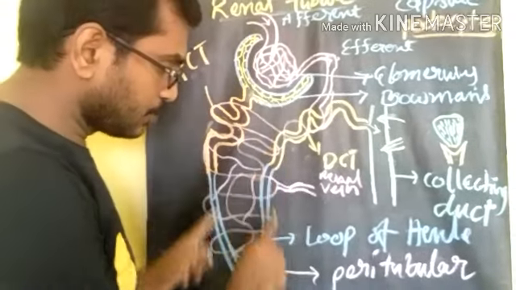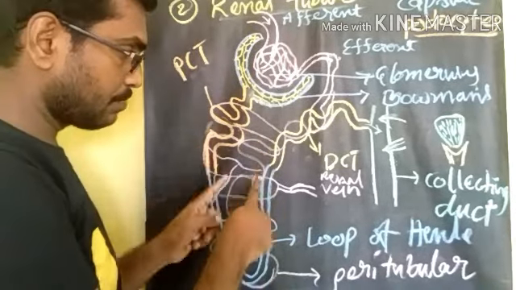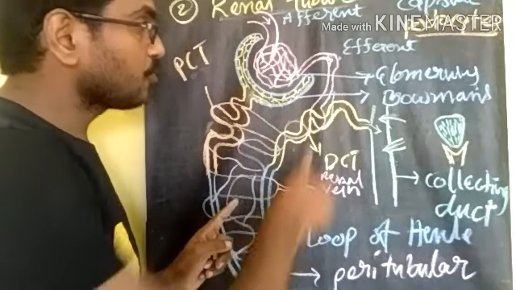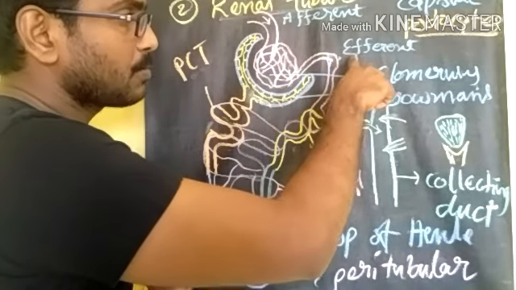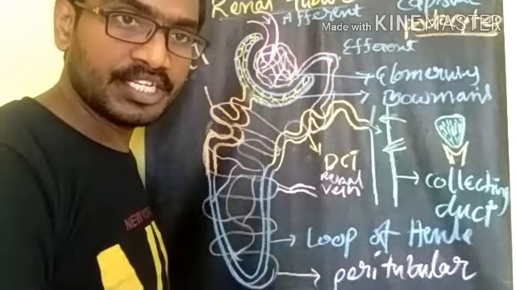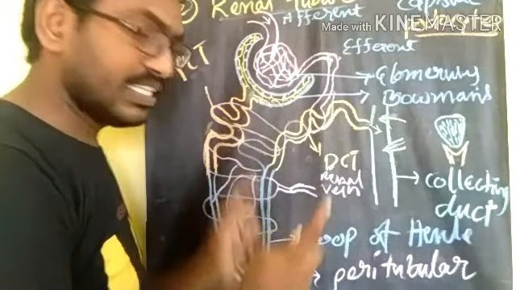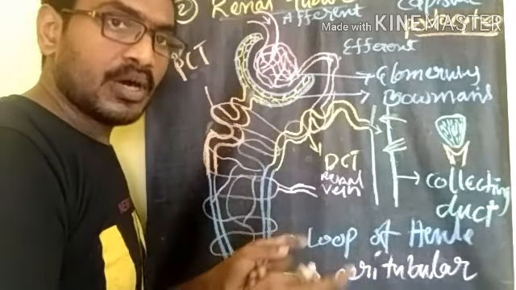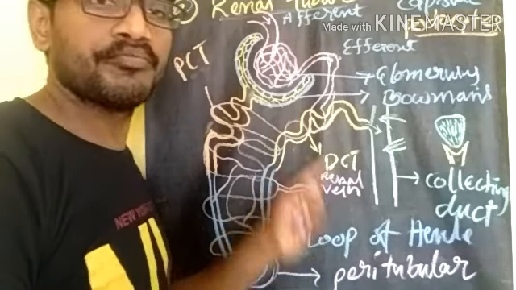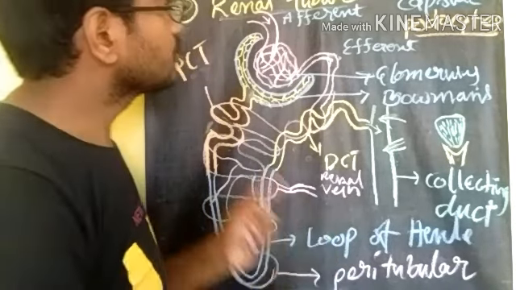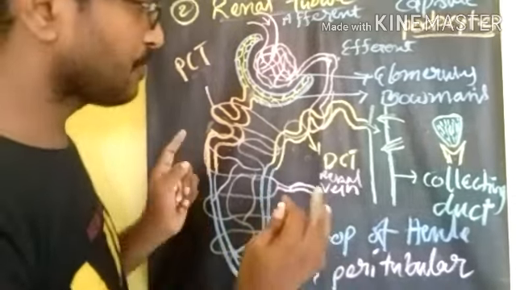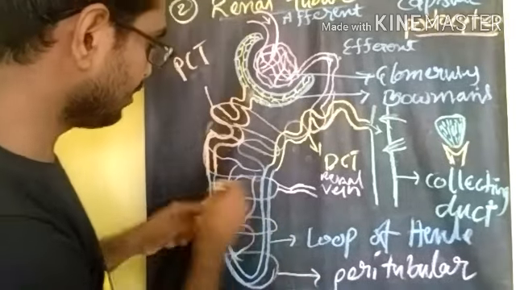So the peritubular network consists of the blood capillaries formed by the efferent arteriole, and they join with each other and form the renal vein. Okay, so this is the structure of the nephron.